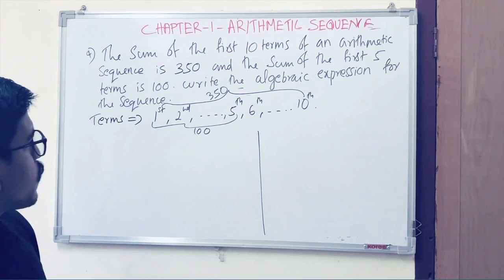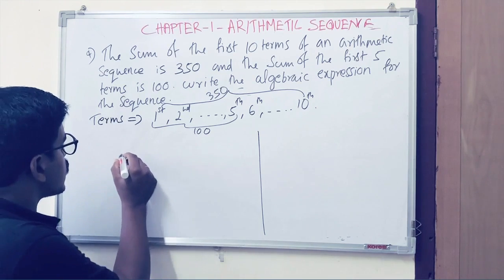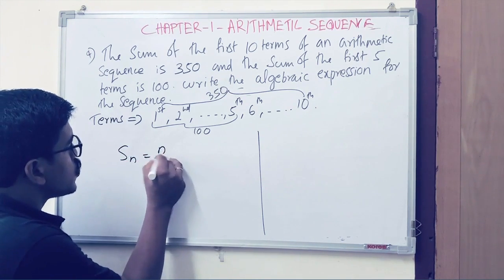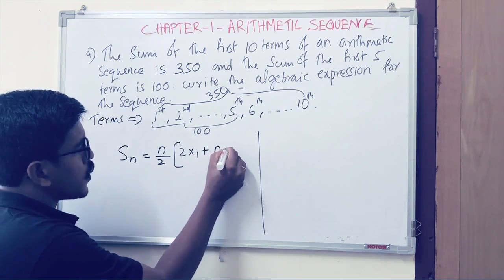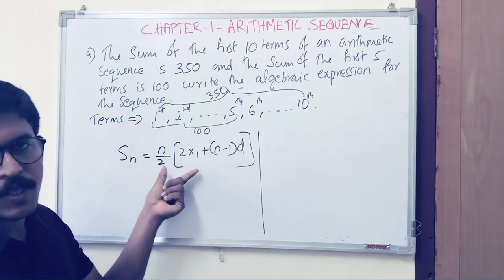So we are going to apply the equation to find out the sum, that is, Sn is equal to n by 2 into 2x1 plus n minus 1 into d. Using this equation, we will get the common difference.